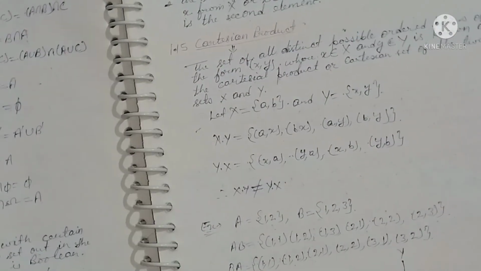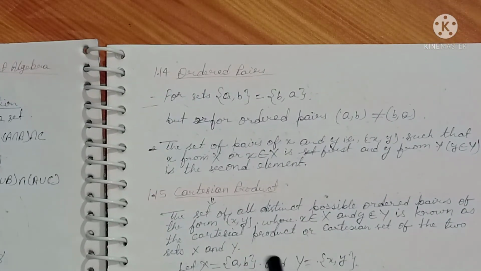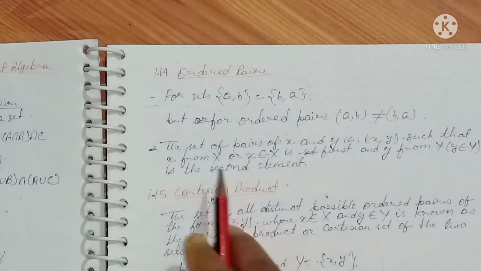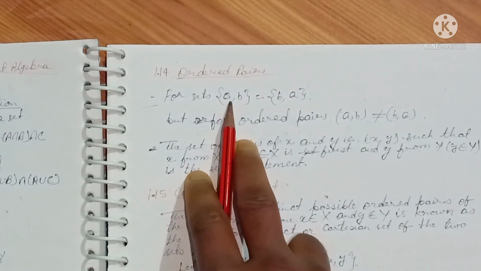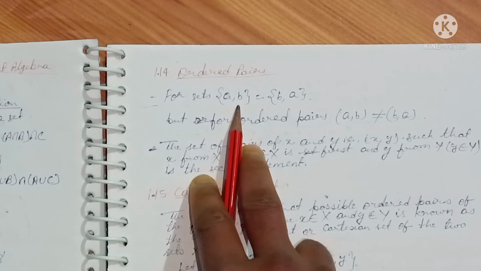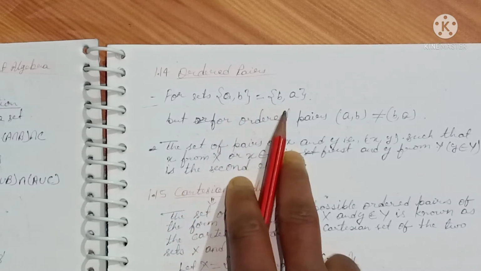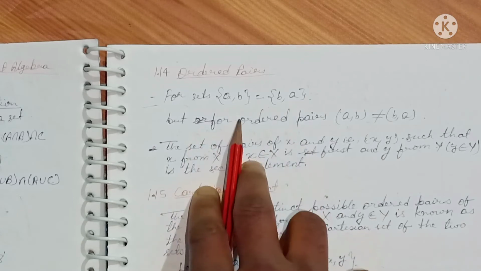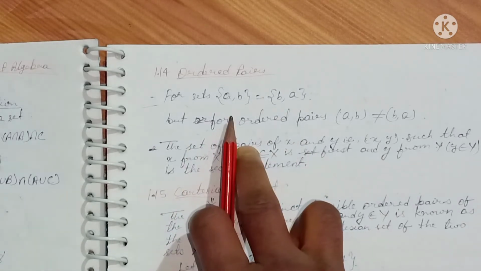Then next, we come to ordered pair. So as you already know, in case of a set, the order of elements doesn't matter. Just like here a comma b equals b comma a, because whether you write it first or last, it is not going to affect the set.